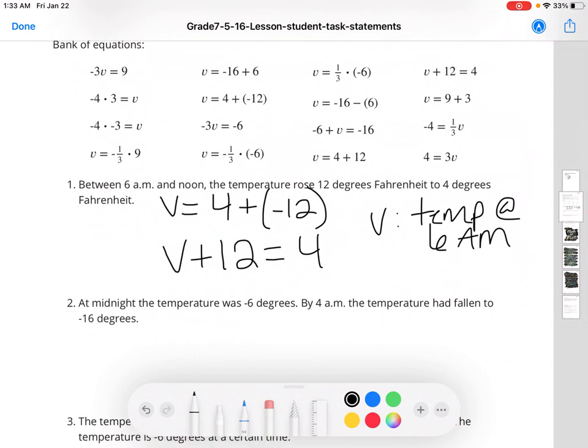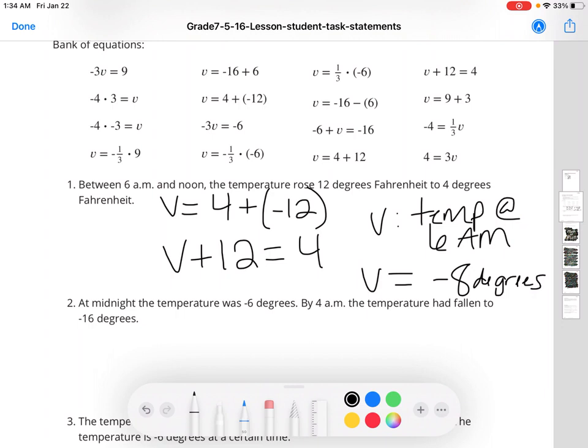So what value for V would make these equations true? 4 plus negative 12 would give me negative 8. So V equals negative 8 degrees.